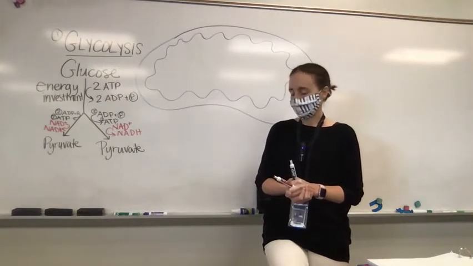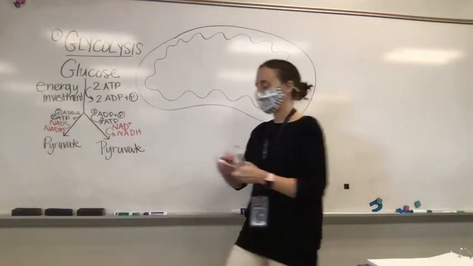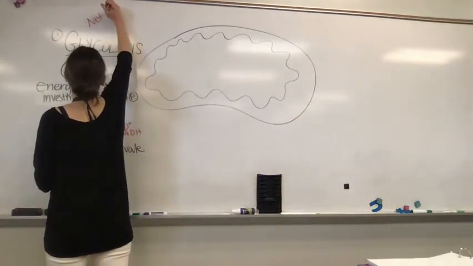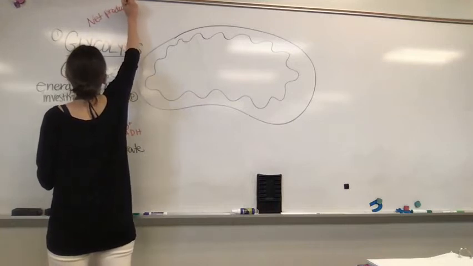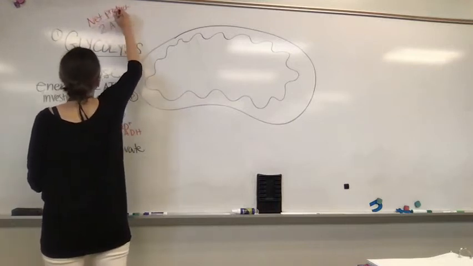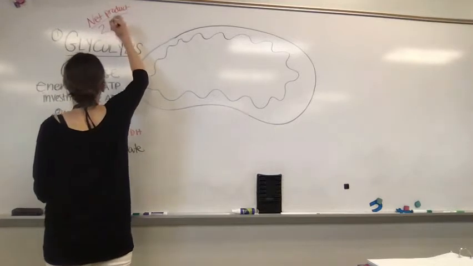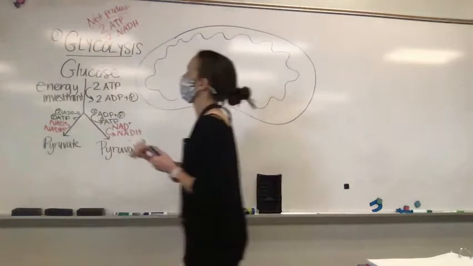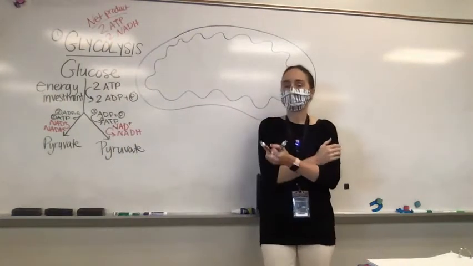All right. Our net energy from this, so our net product is 2 ATP because we had to use 2 to start it and we got 4, and 2 NADH. So that's what we get from glycolysis.